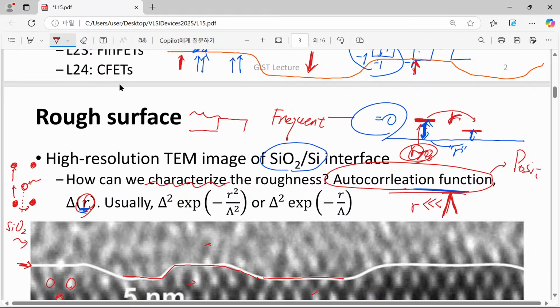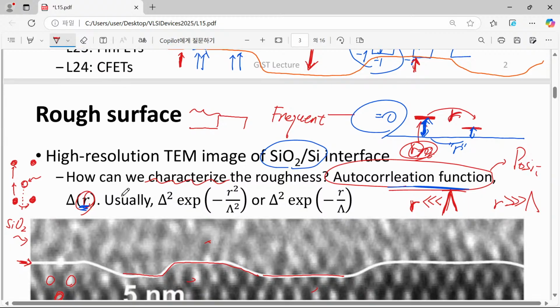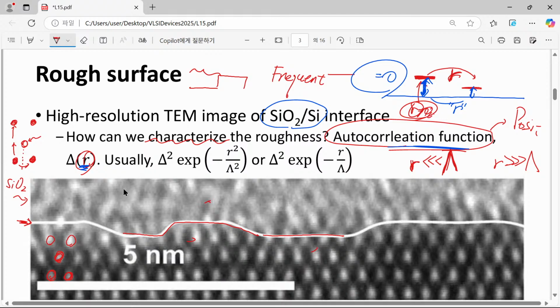And if the distance is much longer than our characteristic length, we can expect the autocorrelation function to diminish and approach 0. So usually what we do is model this autocorrelation. The experimental autocorrelation function can be described by either a Gaussian profile or an exponential function.